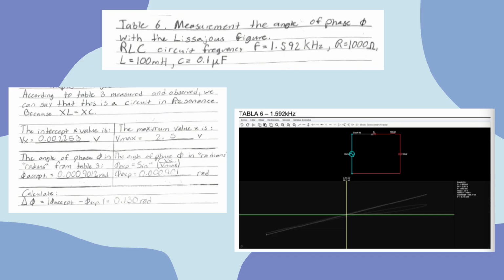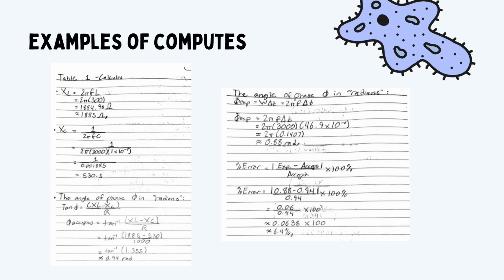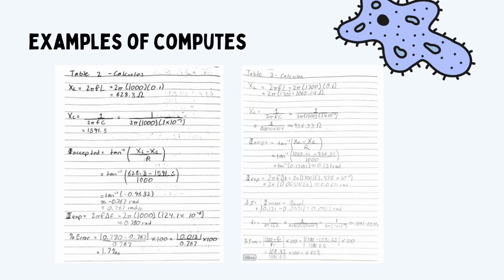In conclusion, a series RLC circuit was successfully assembled and analyzed. The phase angle between voltage and current was measured under inductive, capacitive, and resonant conditions. The results confirm that the phase angle is positive in inductive behavior, negative in capacitive behavior, and approximately zero at resonance.